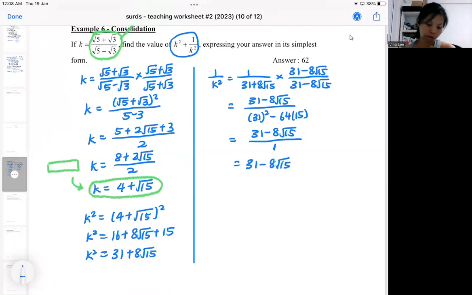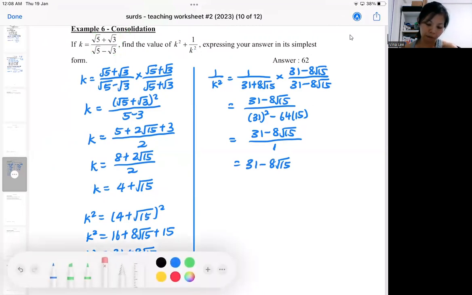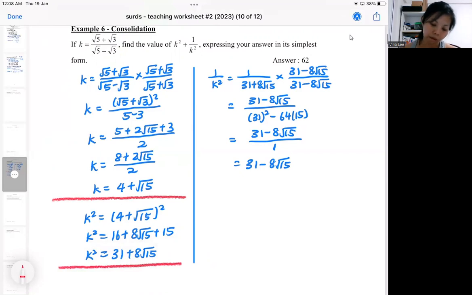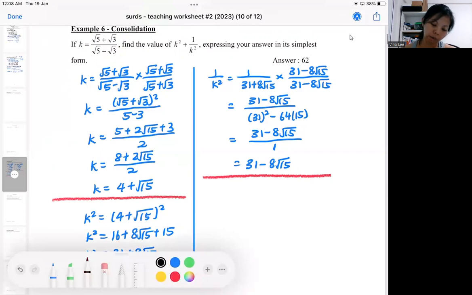If you look, my working is in blocks, so that it's easier for me to earn method marks as well. So this is one block. Focus on the K and focus on the K squared, and then I focus on 1 over K squared. Eventually I will do what the question is getting me to do.